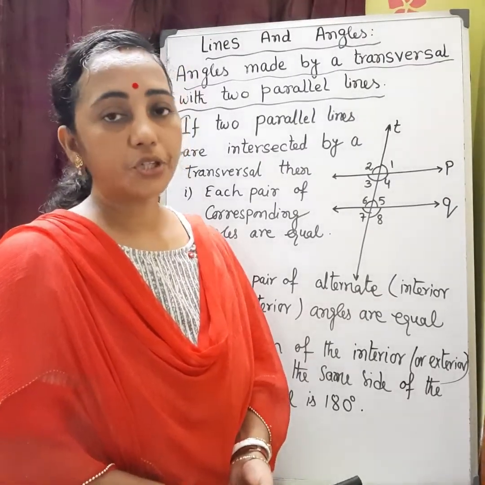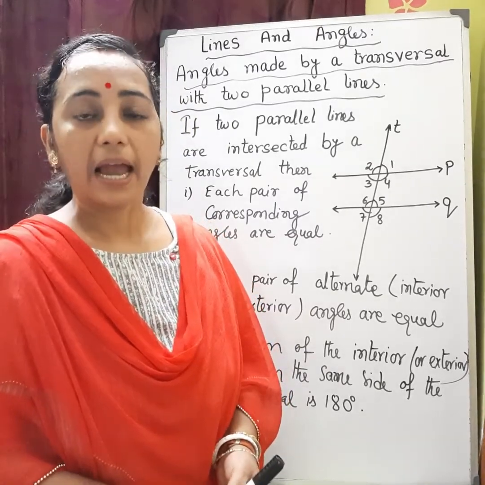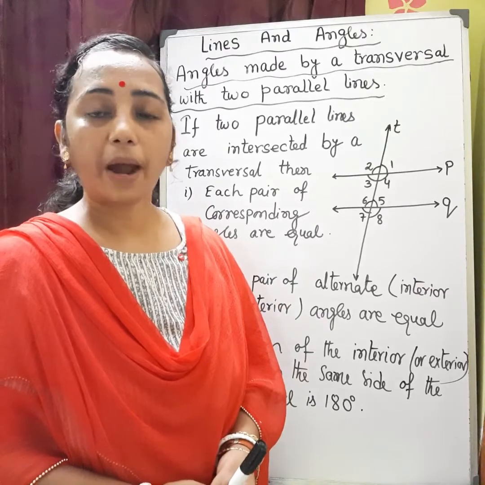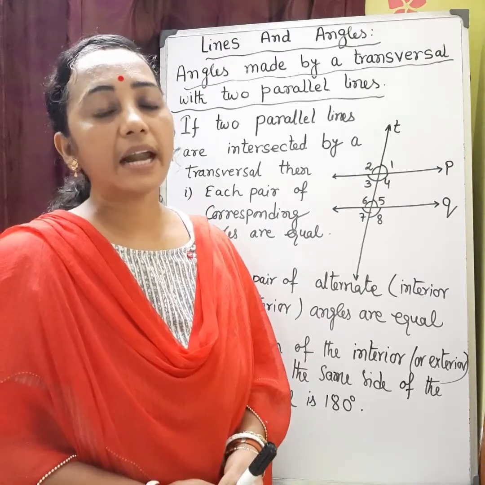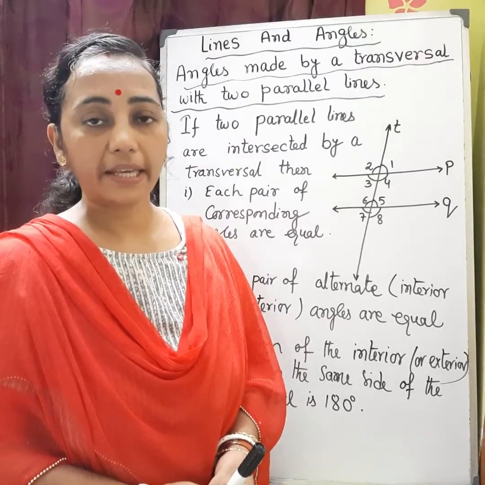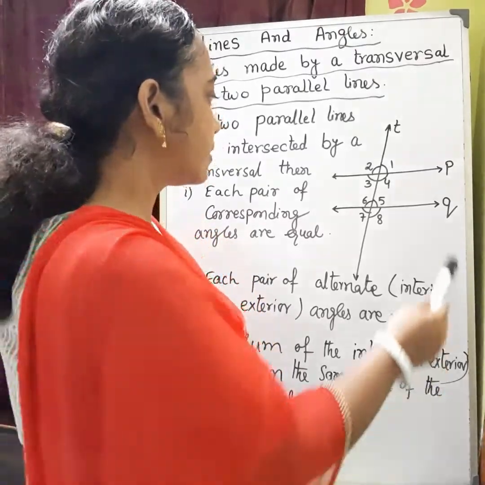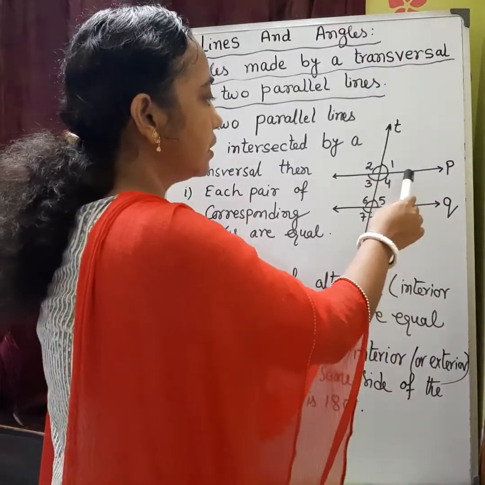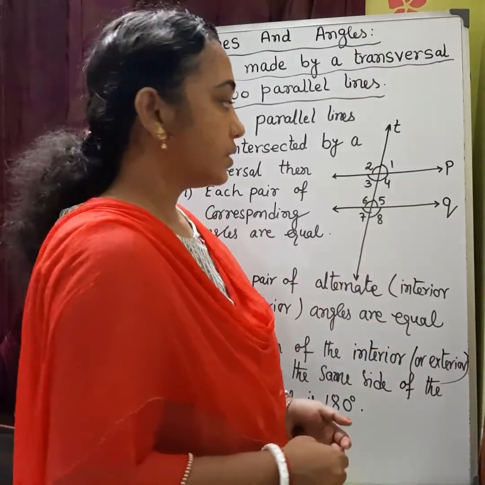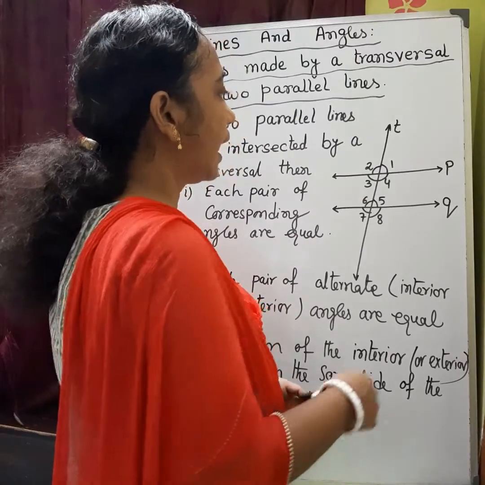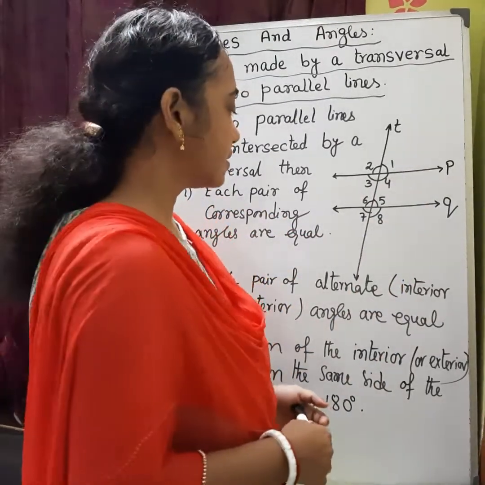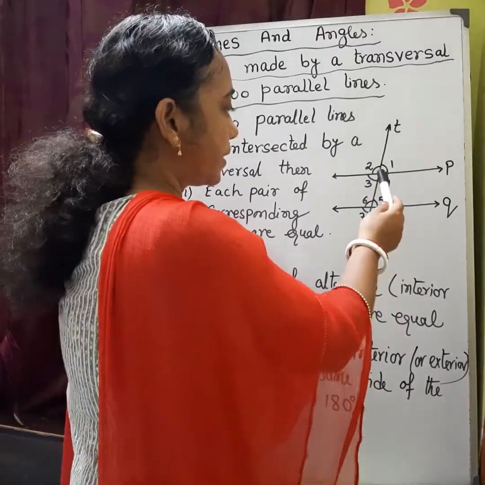Now, if we draw two parallel lines and a transversal which intersects these two parallel lines, then at their point of intersection, a total of 8 angles are formed. Look at this figure which is already shown here. Here the lines P and Q are parallel to each other, and a transversal T intersects these two parallel lines at distinct points.